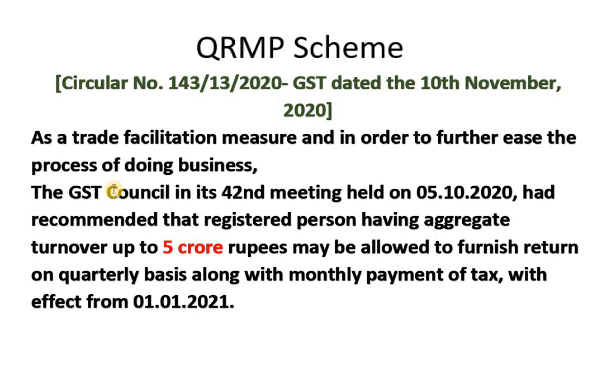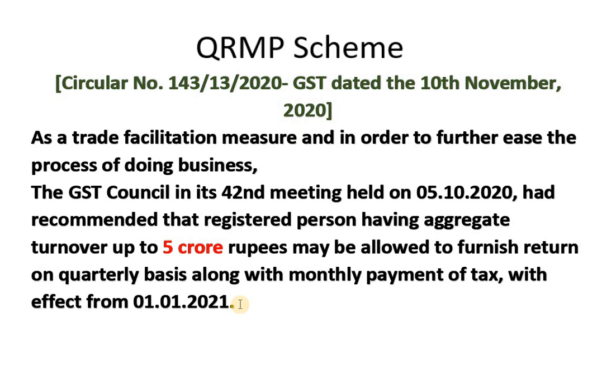Here, the GST Council on its 42nd meeting held on 5th of October 2020 has recommended that registered persons having aggregate turnover up to 5 crore may be allowed to furnish return on a quarterly basis along with monthly payment of tax with effect from 1st January 2021.